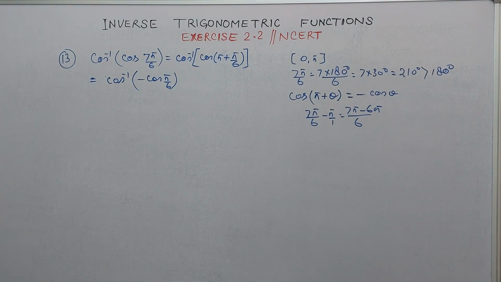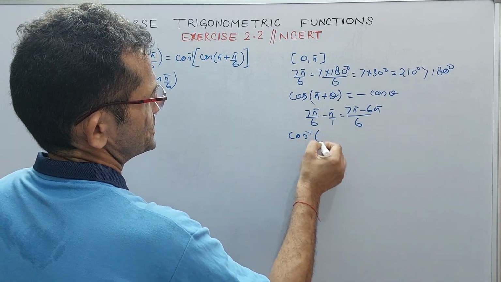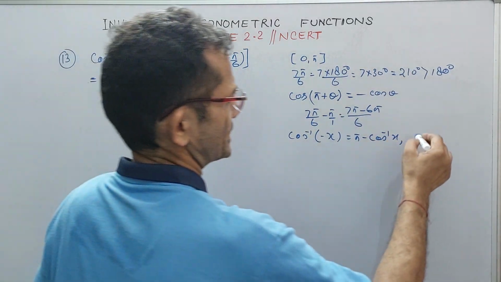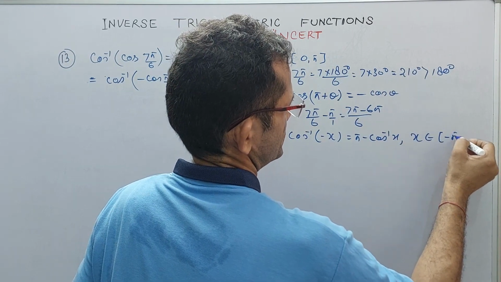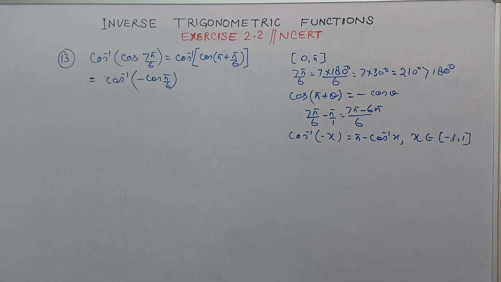So using another formula here: cos inverse of minus x will be pi minus cos inverse x, only when x belongs to the range minus 1 to 1.